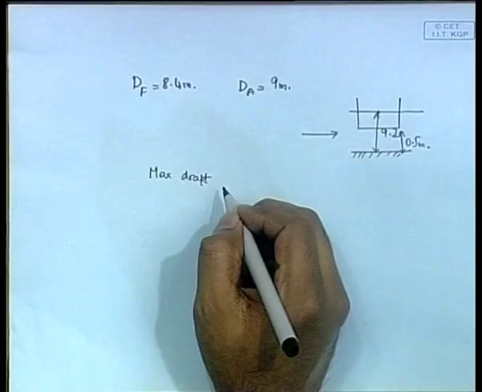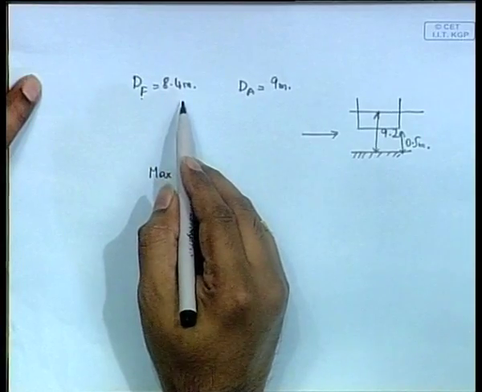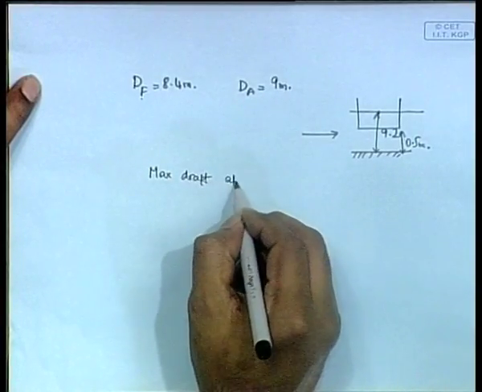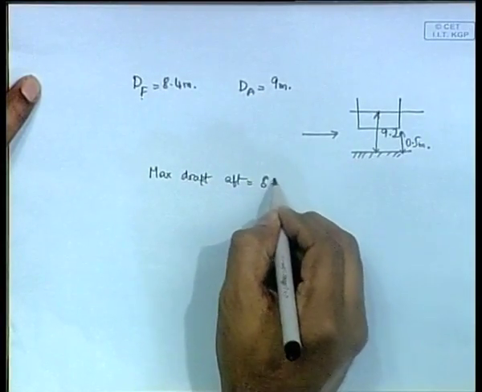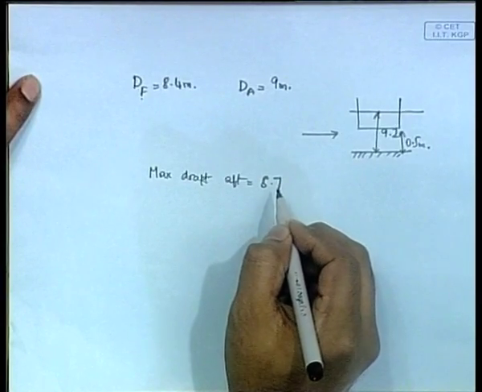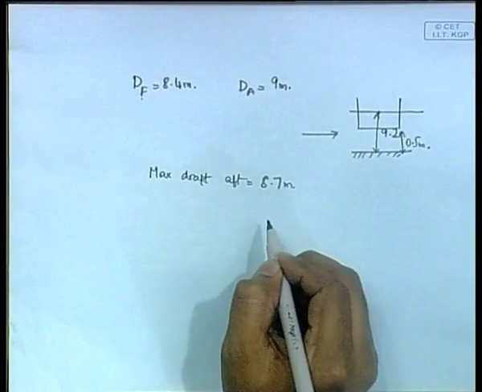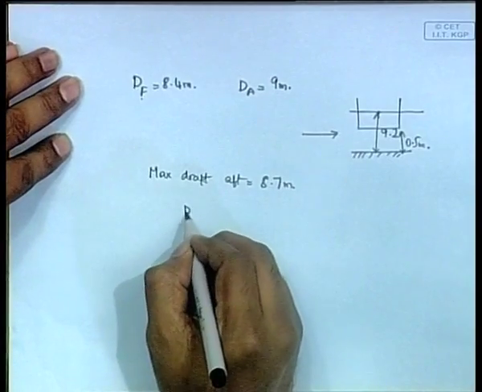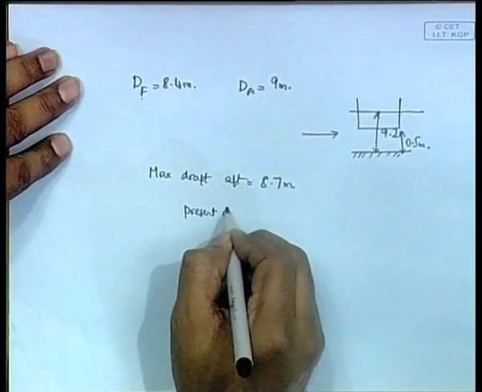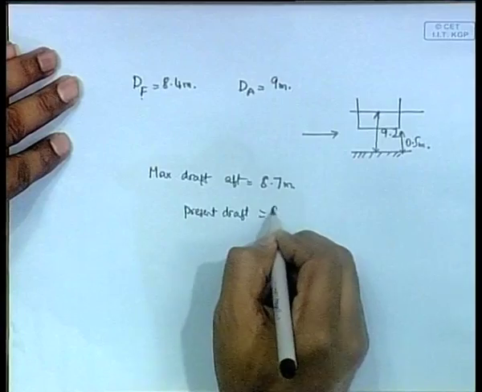Okay. Now, from the statement of the problem itself, as I said before, the draft forward is only 8.4, that is okay. The maximum draft that aft can have, we have seen, is only 8.7, that is 9.2 minus 0.5 clearance. But the present draft is 9 meters.